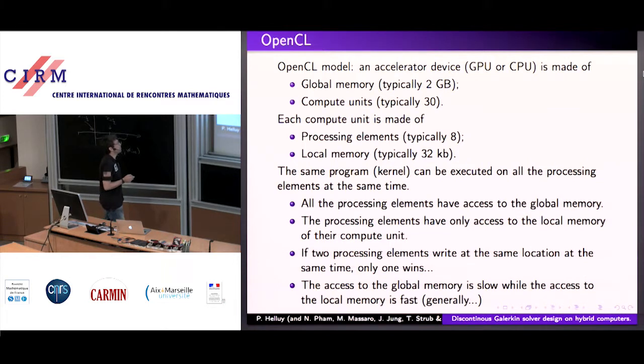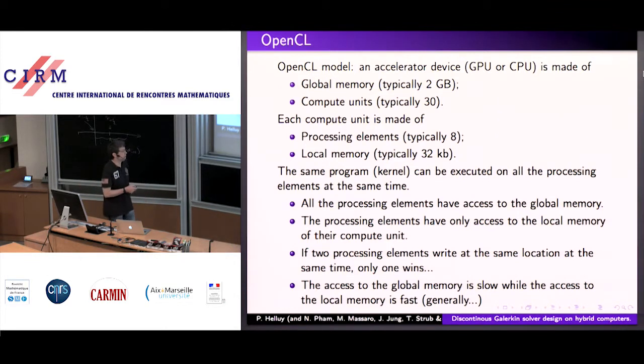And then you have the difficulty, which is written here, that if two processing elements write at the same location at the same time, you will have only one successful write. And finally, for performance, the access to the global memory is slow, while the access to the local memory is fast.